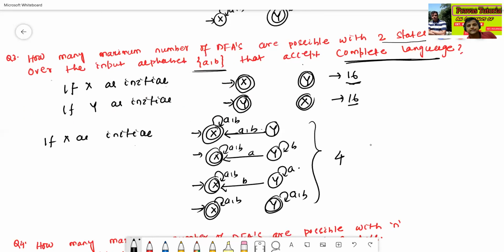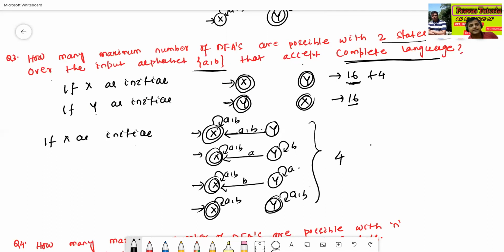So if X is initial and X and Y are both final states, there are a maximum of 16 DFAs that will accept the complete language, along with these 4 DFAs.